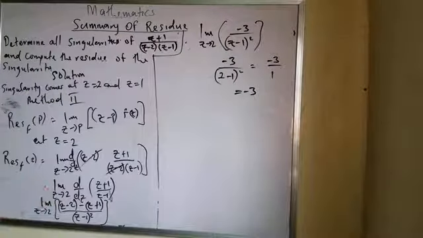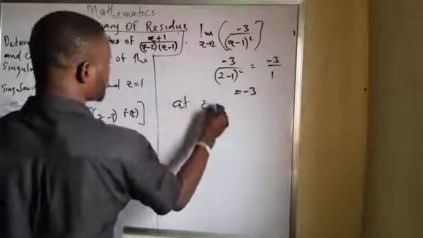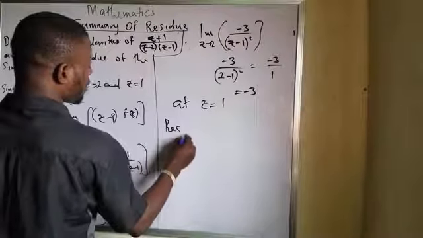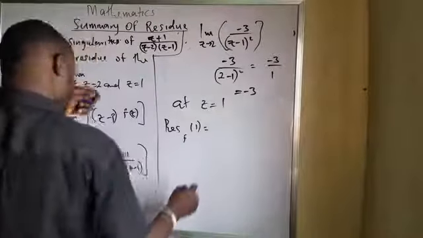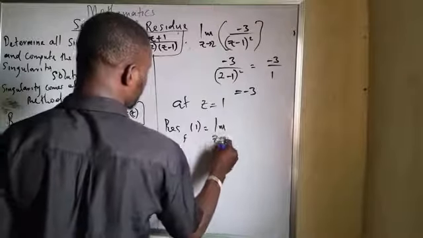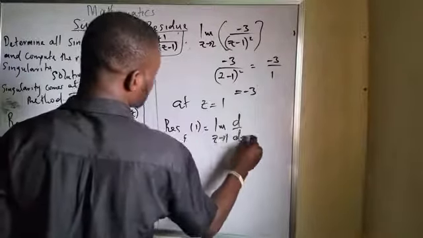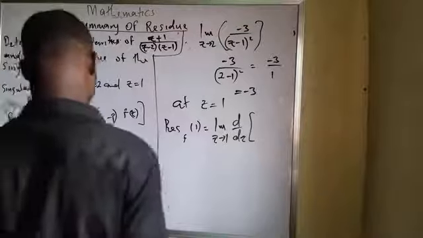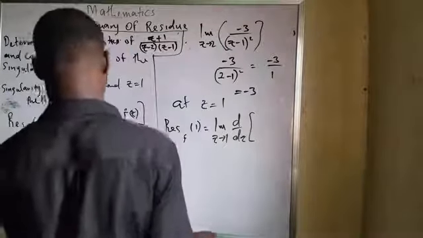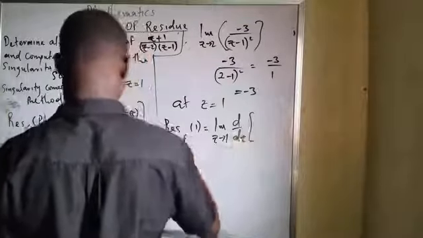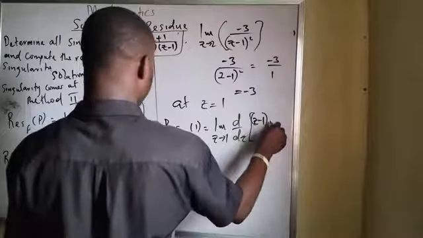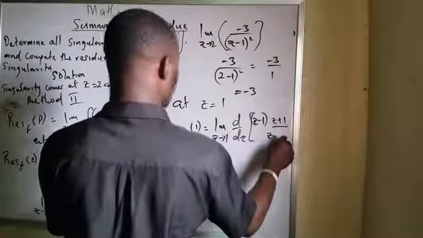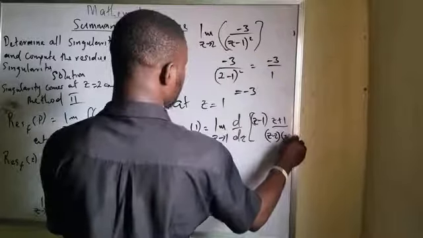And also the second one, at z equals 1. It means my residue of f at 1 will be the limit of z to 1 of d of dz of the function in this form, (z minus 1)(z plus 1) divided by (z minus 2)(z minus 1).